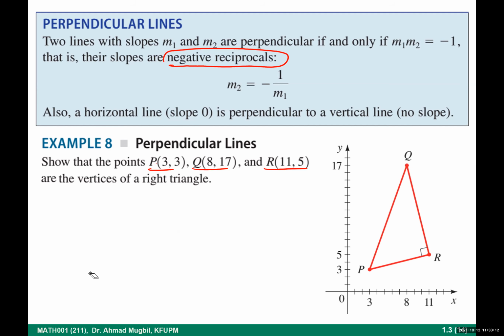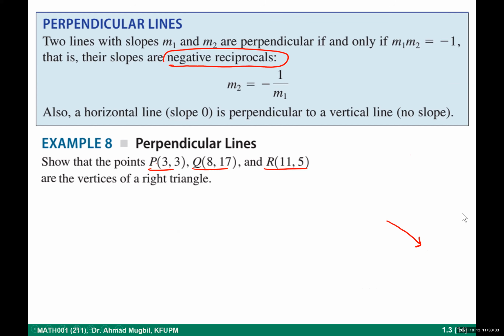If you sketch the graph, you will be able to see. If you are not sure, you need to check the slopes between P and R, between R and Q, between Q and P. But this will save your time if you know which one is the longer one, since the hypotenuse always corresponds to the right angle.